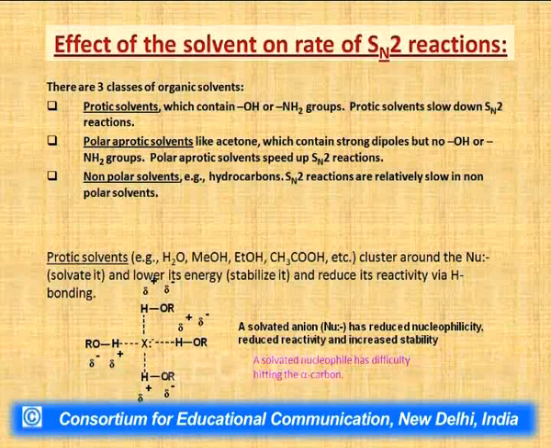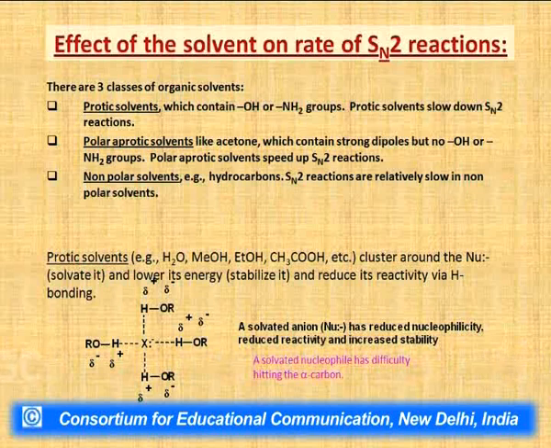Second, polar aprotic solvents like acetone, in which no proton is there, which contain strong dipoles but no hydroxyl or NH2 groups. Polar aprotic solvents speed up SN2 reactions. Non-polar solvents are hydrocarbons. SN2 reactions are relatively slow in non-polar solvents.